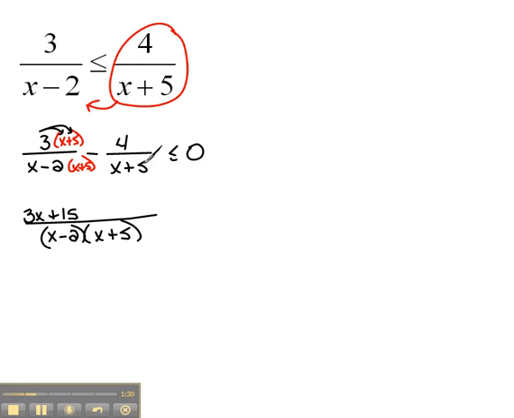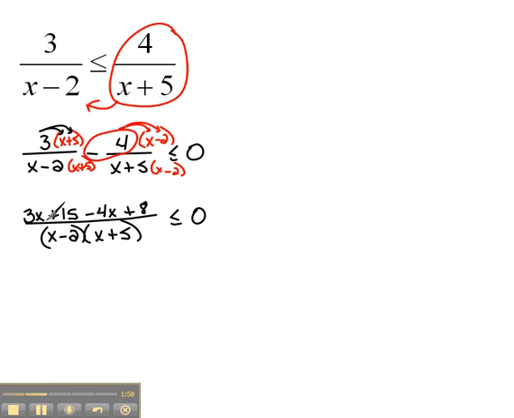Now for the second fraction. In order to turn it into the common denominator, we would need to multiply by x minus 2 on the bottom and then the top also. Now when we distribute, we're distributing this negative 4 throughout the parentheses. So that would be minus 4x plus 8 and then less than or equal to 0.